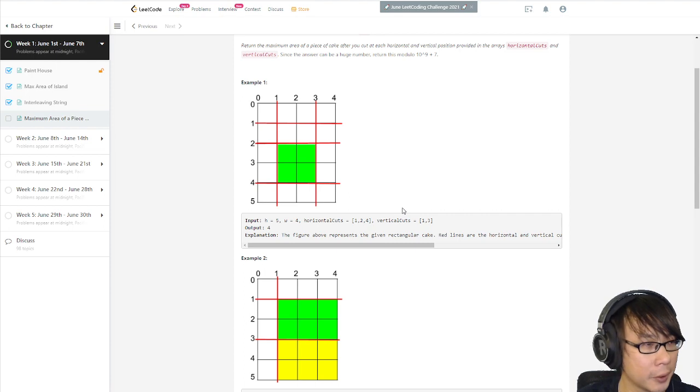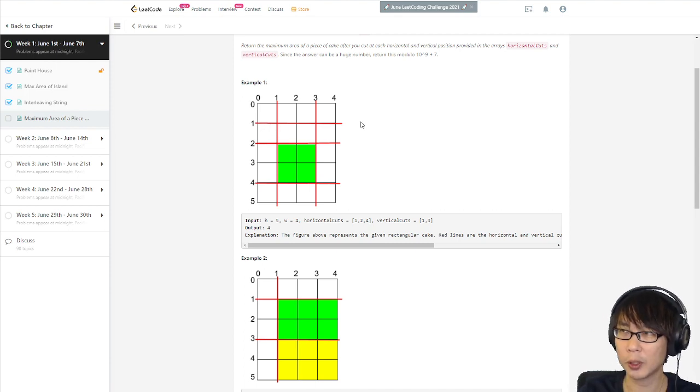I think this is something greedy. I hate greedy, but this seems to be greedy, right? Because with every horizontal cut, we cut the cake into horizontal rectangles, but each rectangle will have some overlap when you cut it vertically, right?